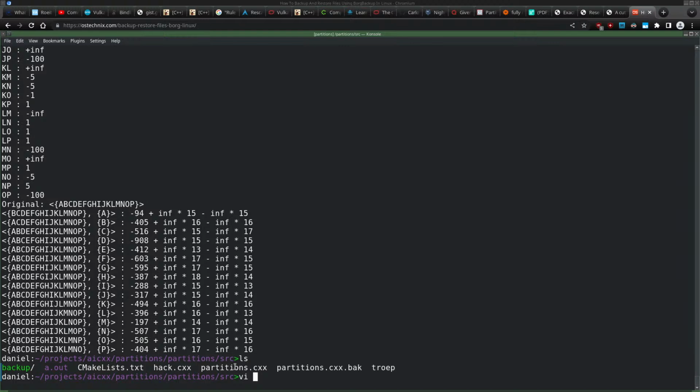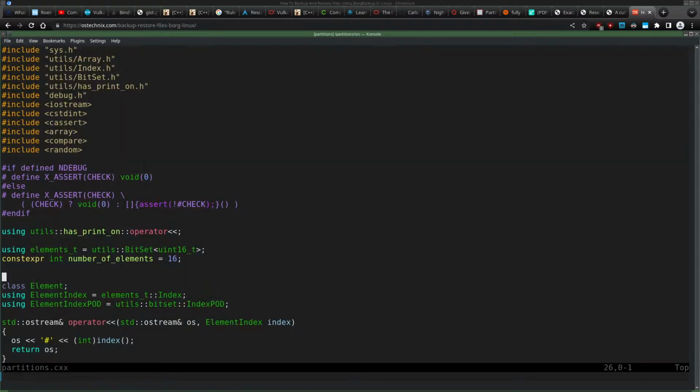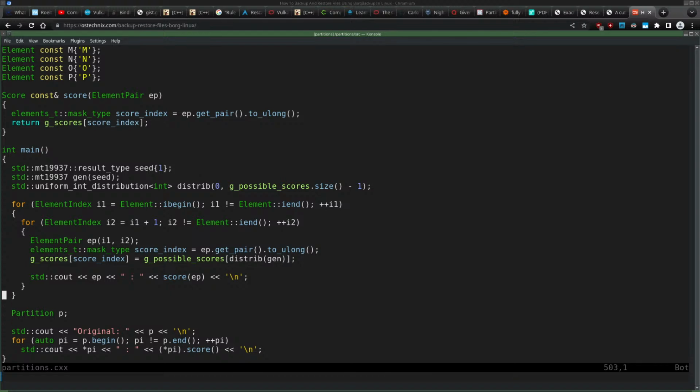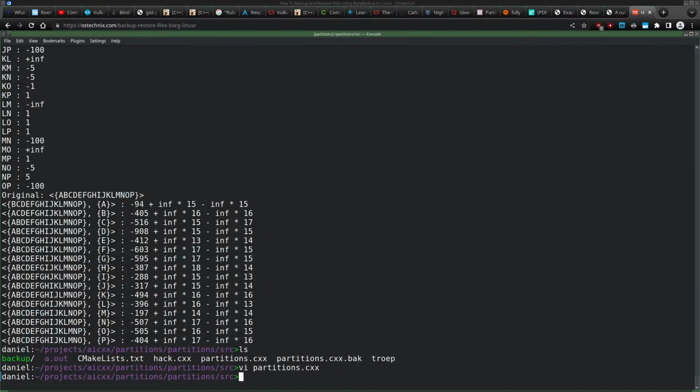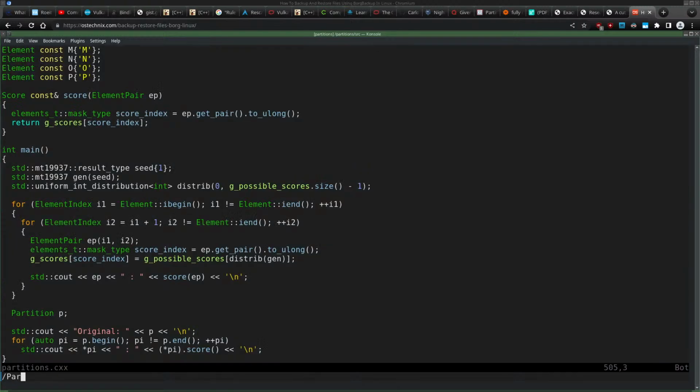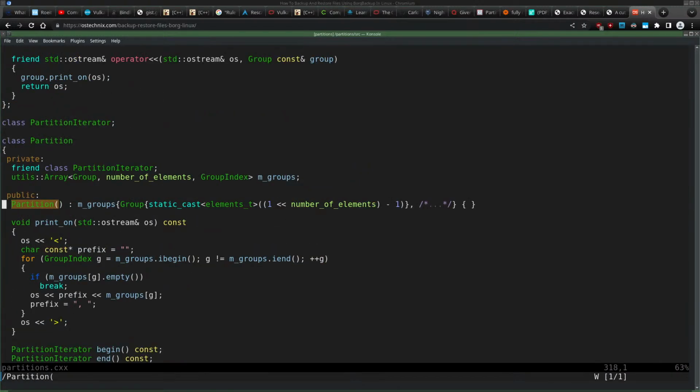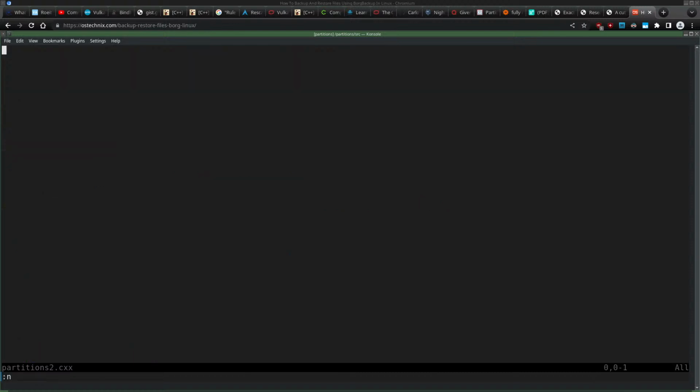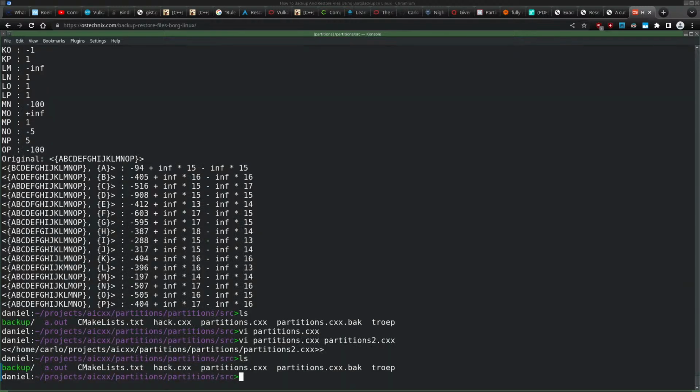So let's go back to having a single element in each group, if that is possible. What? I named it back.